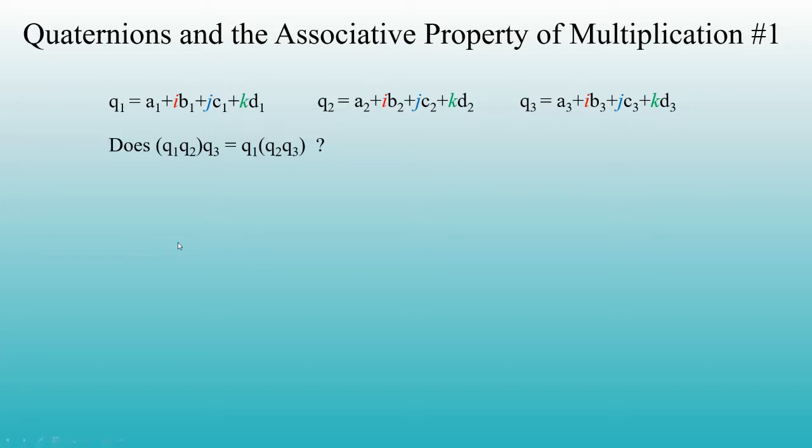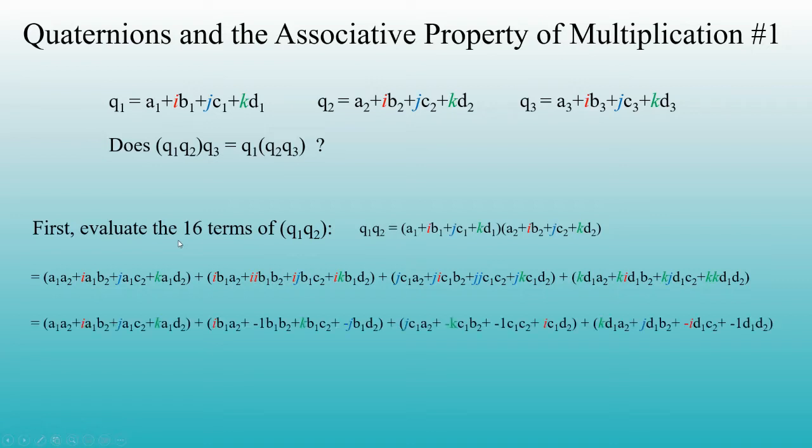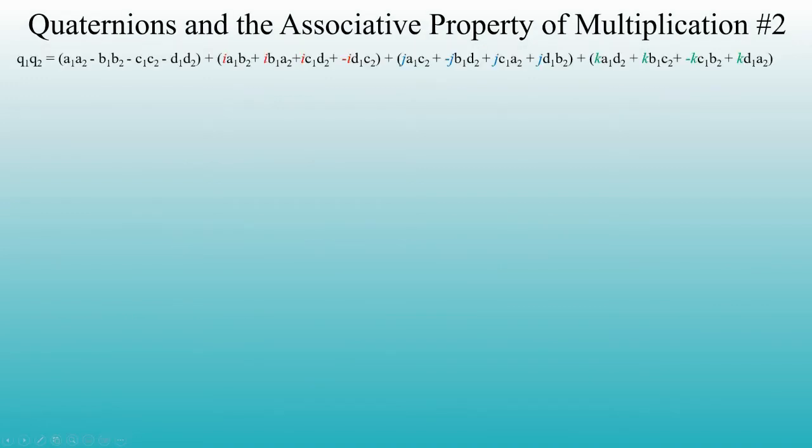We'll do the left side first, starting with q1 times q2, which yields these 16 terms. You evaluate the ijk's, and then you group by the ijk coefficients. Here you go. The next step is to evaluate this product when multiplied from the right by q3.